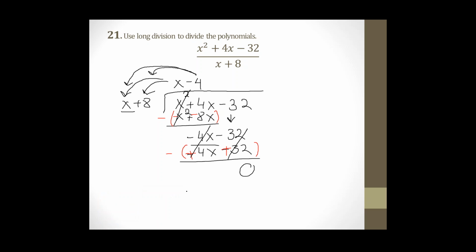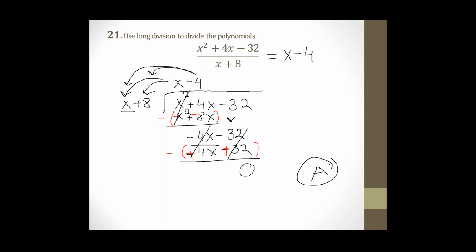My remainder is 0. So the quotient of this problem is x minus 4. And this is answer choice A on your packet. First letter of the ABC, A.